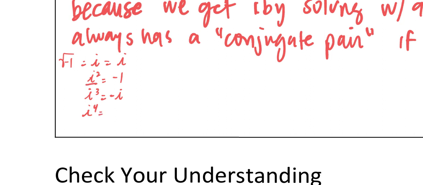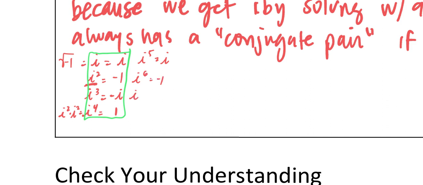And then i to the 4th is i squared times i squared, which would just be -1 times -1, which is +1. So the pattern goes in groups of 4 like this. You would start over with i to the 5th being i, i to the 6th being -1, i to the 7th being -i, i to the 8th being 1, and so on. This pattern goes on forever.